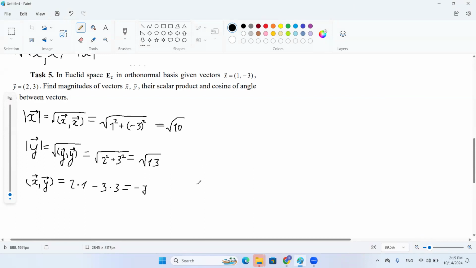And then cosine of angles. So cosine of angle between vectors. We need to divide the scalar product by product of magnitudes.